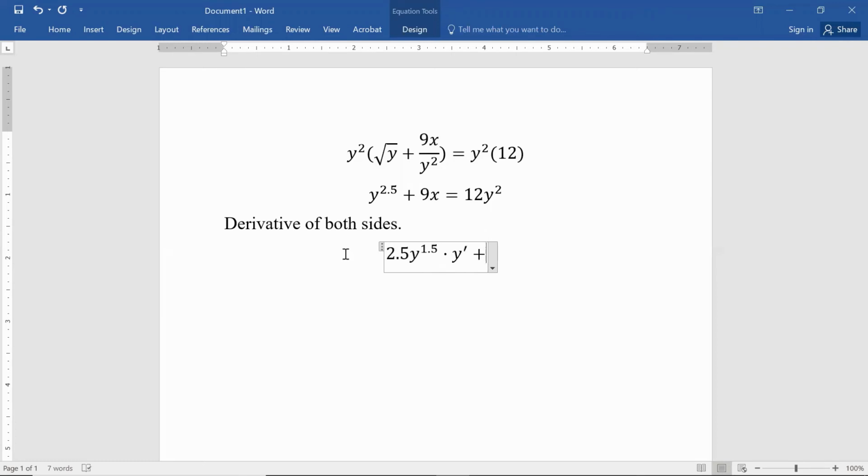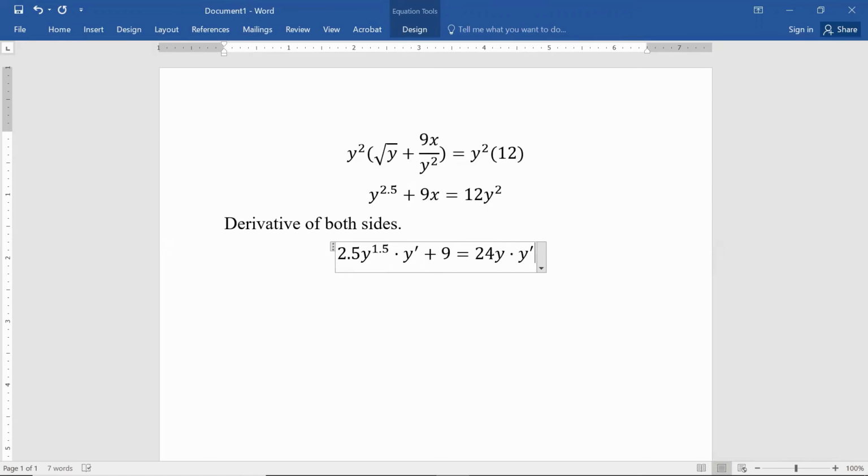When I take the derivative of 9x, I just get 9. When I take the derivative of 12y squared, I get 24y to the first multiplied times the derivative of the inside function. The inside piece is y, so that is y prime.